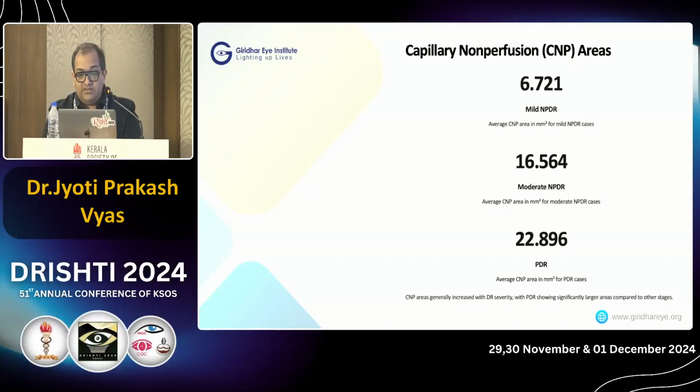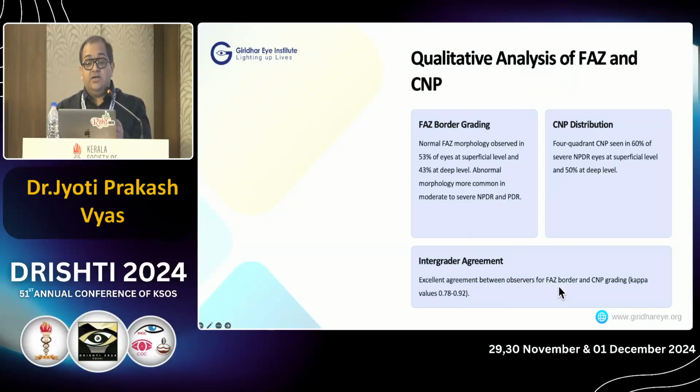If you look at the numbers here, in mild NPDR the area was to the tune of 6.7 millimeter square, which increased all the way to 22.8 millimeter square in PDR cases.